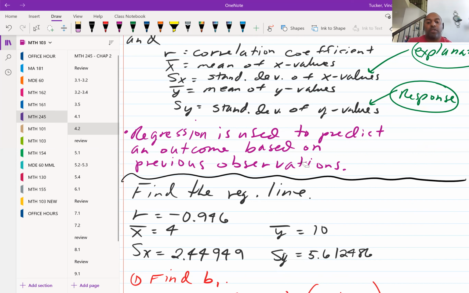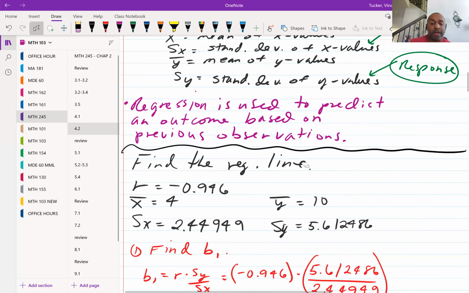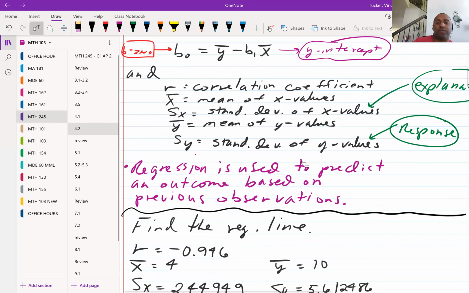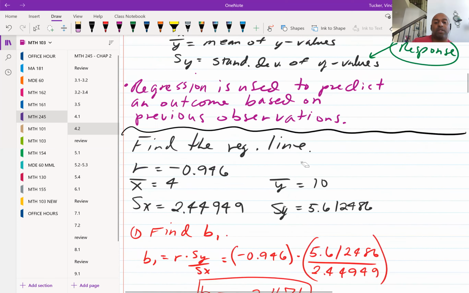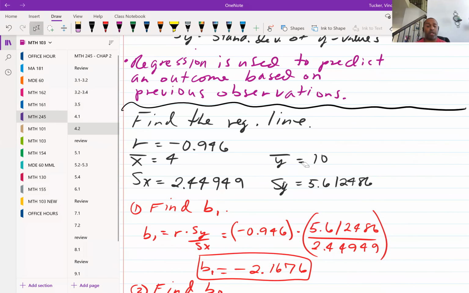All right. So the first thing we want to do is find B1. We have to find B1 first, because if you go back to the formula, remember B1 is a part of B0's formula. And so all we do is plug it in accordingly.